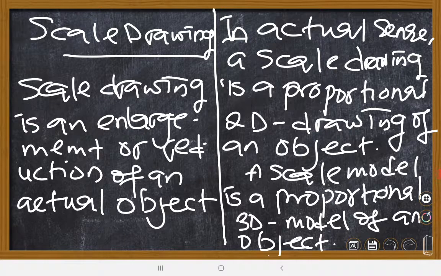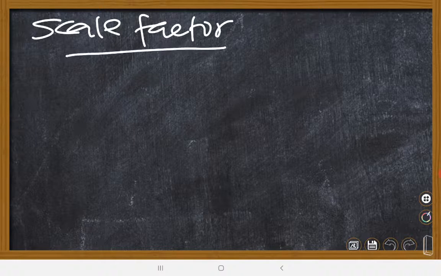So having known the definition of scale drawing, let us see what we can say about scale factor. Scale factor is just the proportional relationship of the drawing length to the length of the actual object.